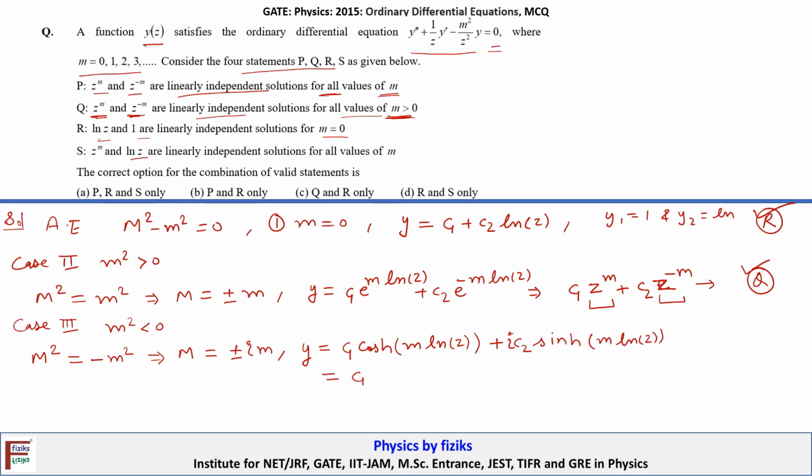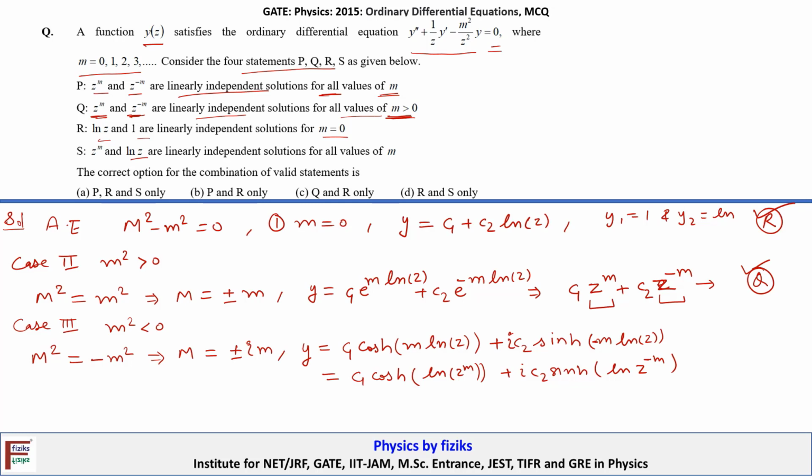From here we can simplify this as c1 into cos hyperbolic of ln of z to the power m, plus iota times c2 into sine hyperbolic of ln of z to the power minus m. Of course here is the minus sign.